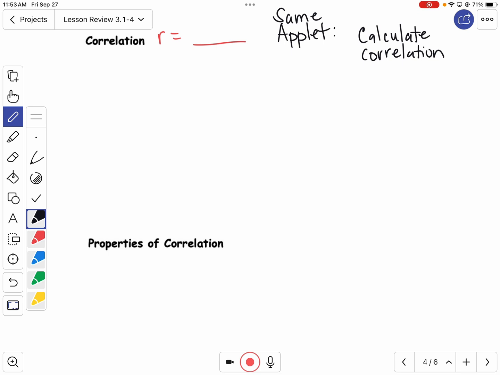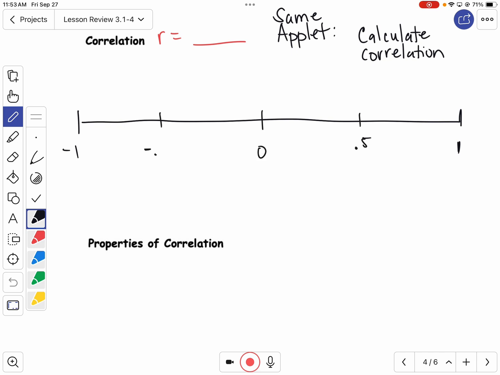Right? The only other thing to remember about correlation is it goes from -1 to +1. And then it can be anything in between those. Okay? At 1 and -1, it's perfectly linear, or you might say very strong. At 0.5, we start talking about it being moderate.